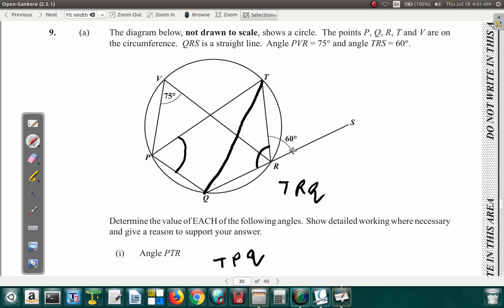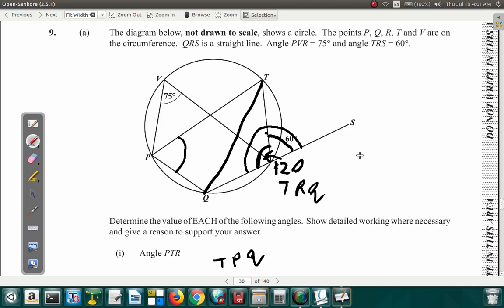Well, you know that the total angle on a straight line is 180 degrees, and this section here is 60. So if you have 180 and you take 60 off, what you have left is this, and this angle would be 120 degrees. All right, right here is 120 degrees.